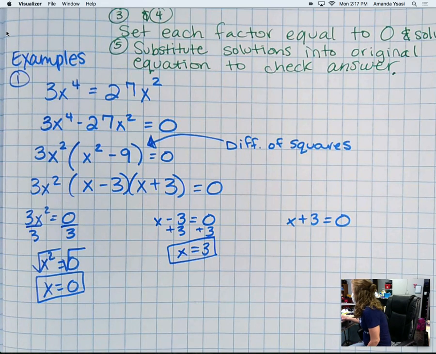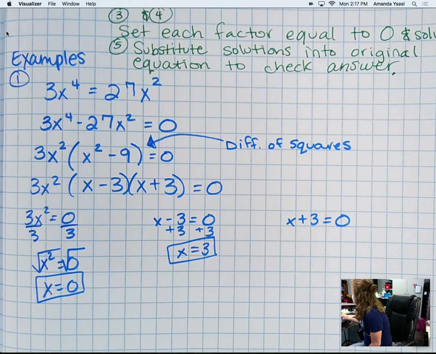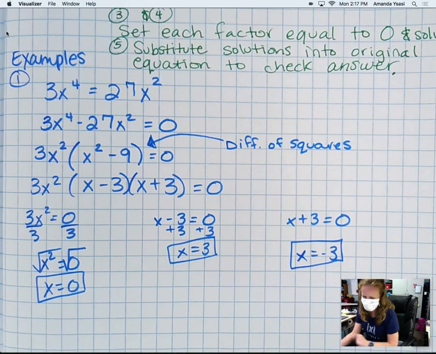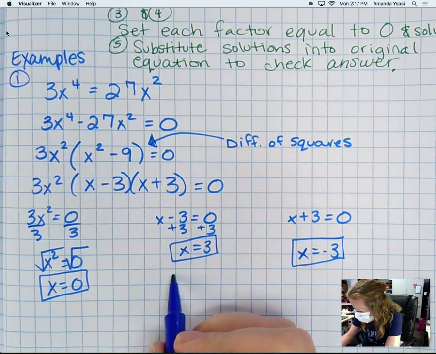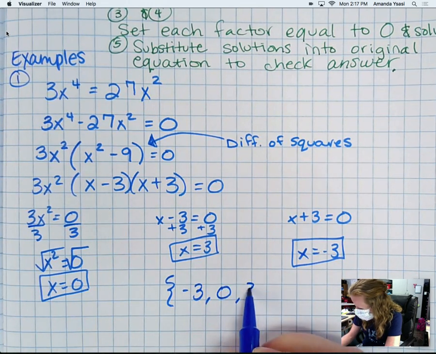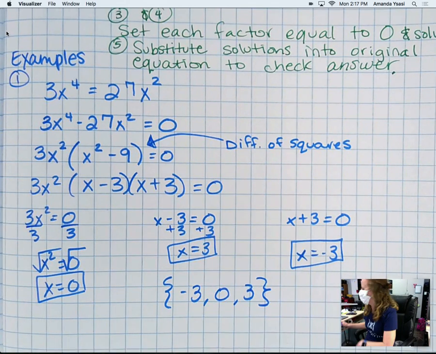And then the last one, we would subtract 3 from both sides, so we'd get x equals negative 3. So then our solution is negative 3, 0, 3. I usually put them in least to greatest order.